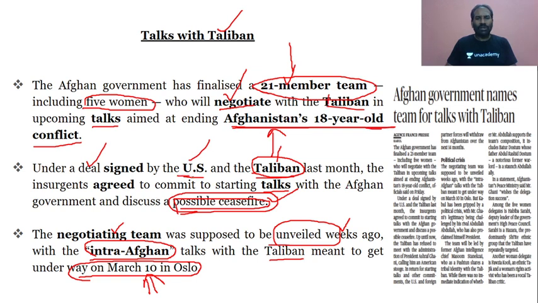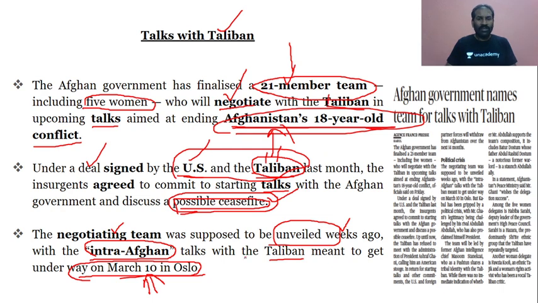You can also include the US-Taliban peace deal which took place in Doha on March 10th, and the Afghanistan 18-year-old war which is almost about to end, and how the Taliban or the Afghan government will benefit.